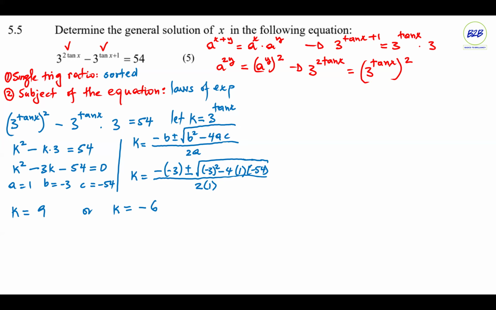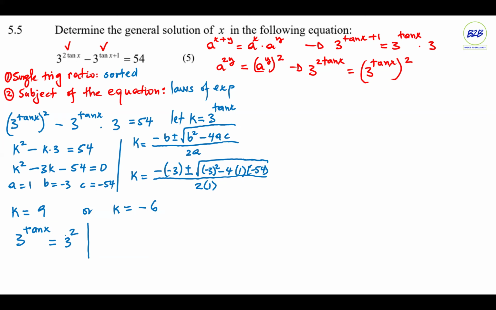K is 3 to the power tan x. So in the place of K now, we substitute 3 to the power tan of x. This is equal to 9. But what is 9 in terms of 3? That will be 3 to the power 2.